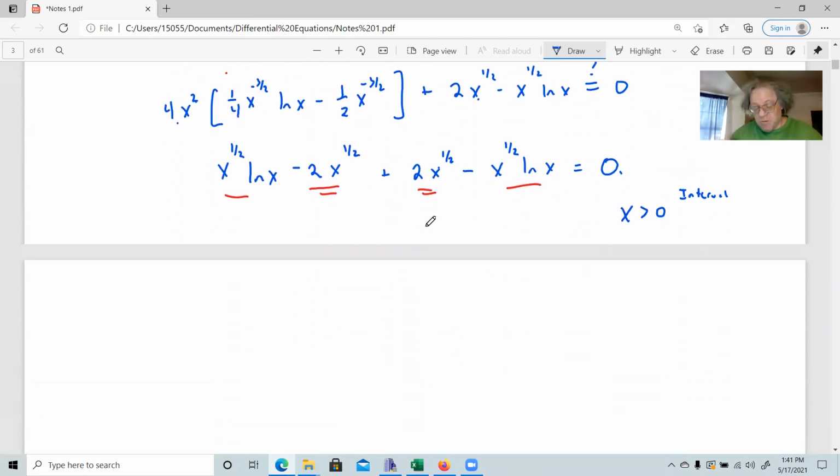So it's really important to remember that when we are taking derivatives and solving equations, the interval that our solution is good on is usually one where the function is continuous. The value y is continuous on that interval, and it exists on that interval.